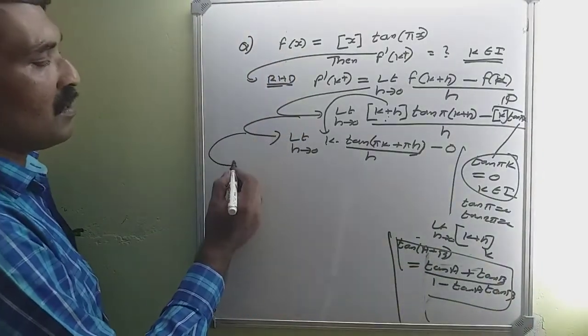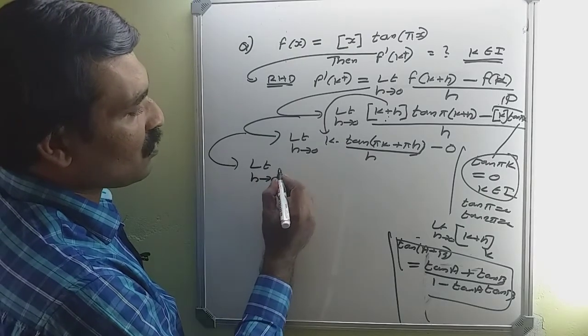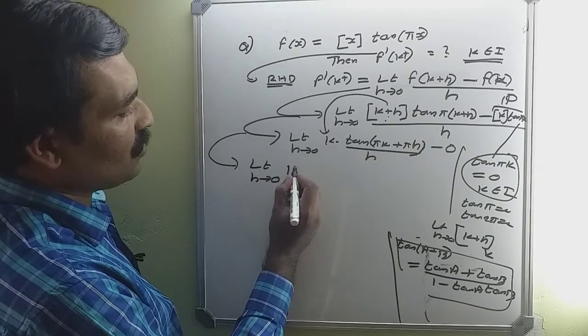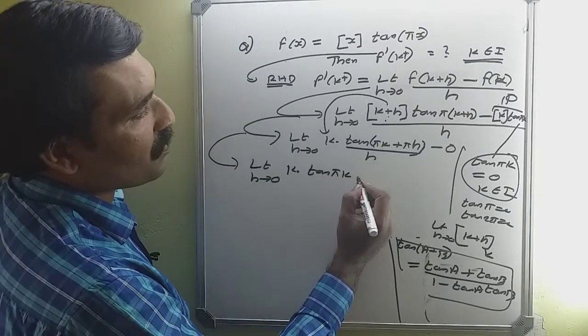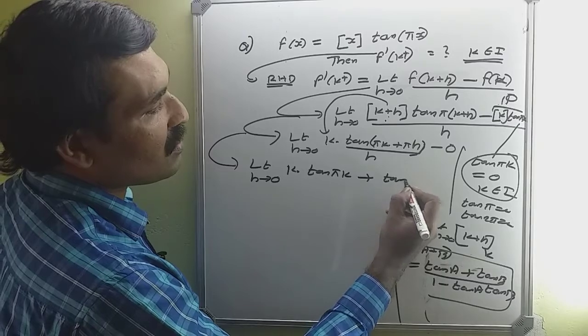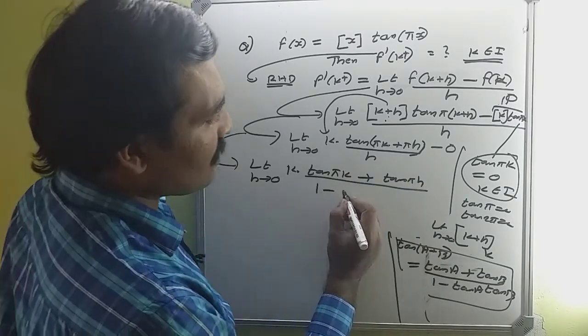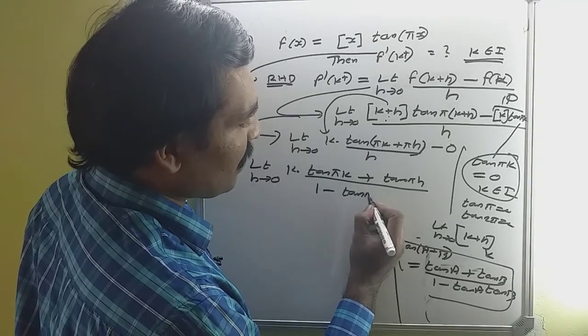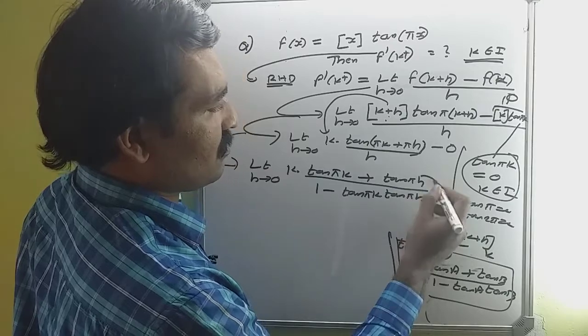So our limit becomes limit h tends to 0 of k into tan pi k plus tan pi h divided by 1 minus tan pi k into tan pi h.